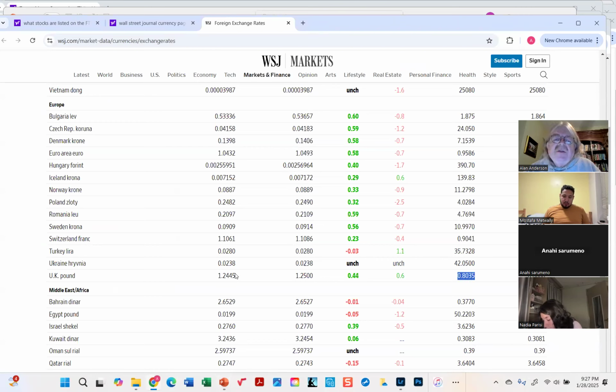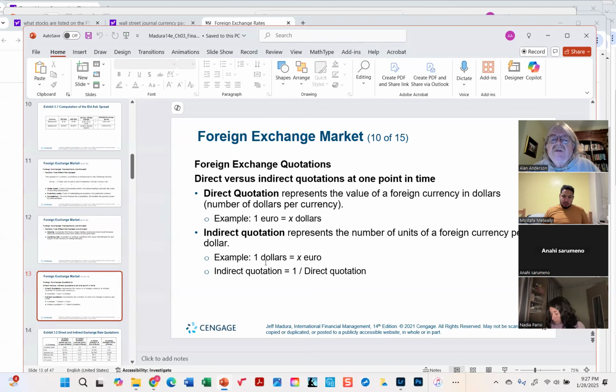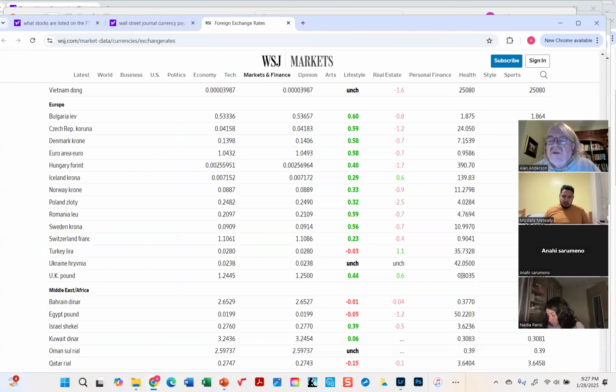And it makes sense when you think about it because every good or service you buy in the United States is quoted in terms of dollars. How many dollars per gallon of gas, for example? So if the exchange rate is also dollars per unit of the foreign currency, we call that the direct quote, and the opposite would be called the indirect quote.